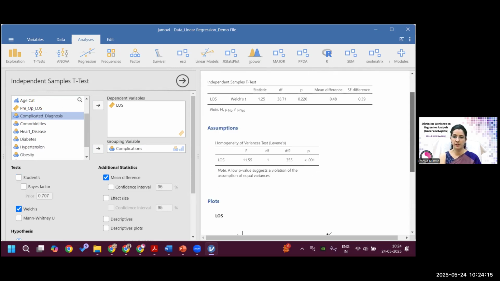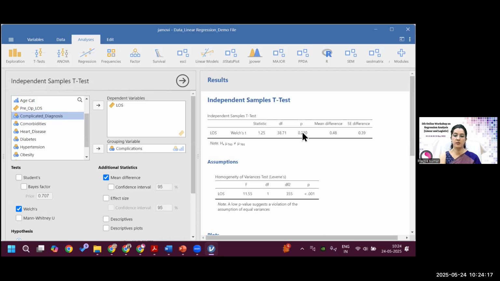And if you see the difference, this is not significant for the length of stay. So ideally, I should not take this variable, but for demonstration, since the researcher has taken these variables, I'm taking it. Again, I can see the complicated diagnosis. The p-value is not significant. Let's say comorbidities.